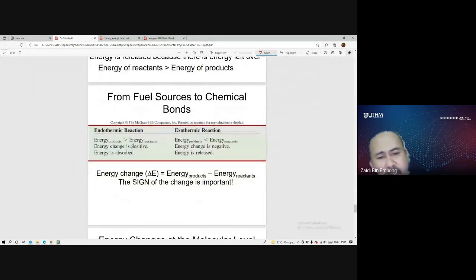What is endothermic? Endothermic reaction, exothermic reaction. Yeah, in an endothermic reaction, the energy of the products must be bigger than the energy of the reactants. Yeah, and then the energy change is positive, and energy is absorbed. But in an exothermic reaction, the products are less than the reactants, and the energy change will be negative.